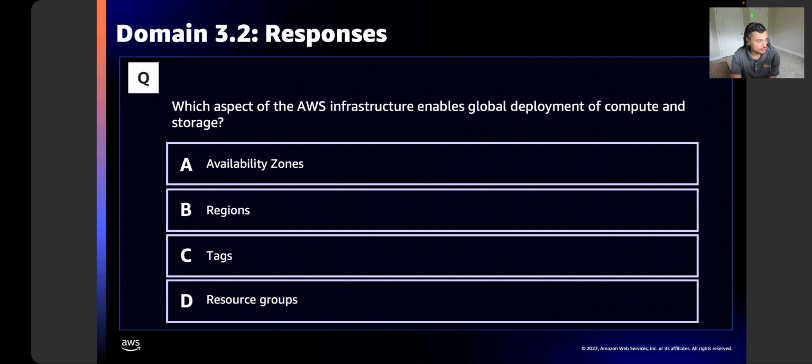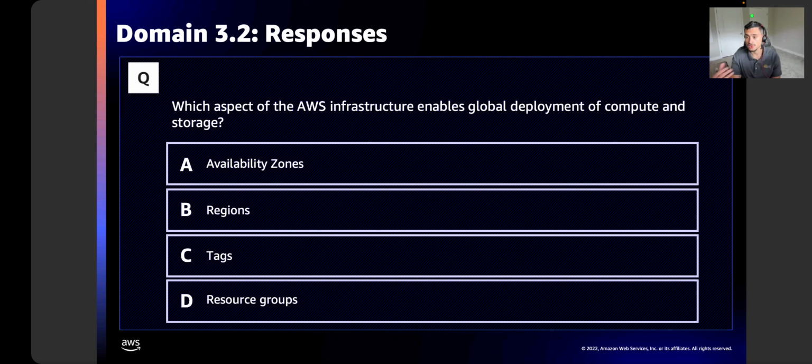Right. I just saw a question from Thang Tran. Just to answer your question on what's the difference between a local zone and an edge location. So a local zone is used to basically extend AWS services like compute, database, and storage closer to the end users themselves.